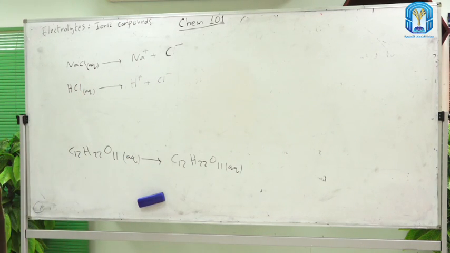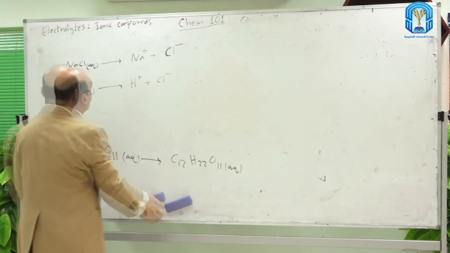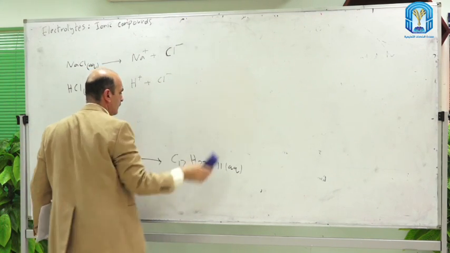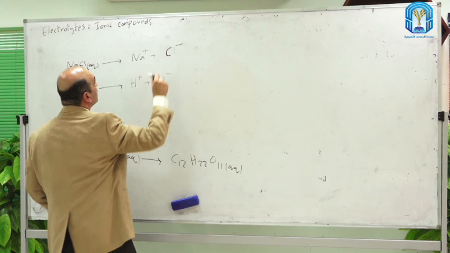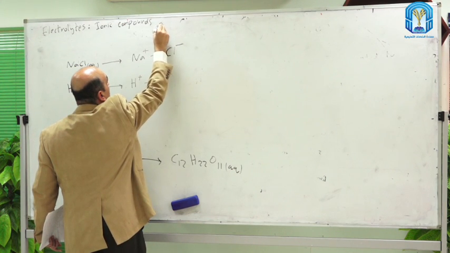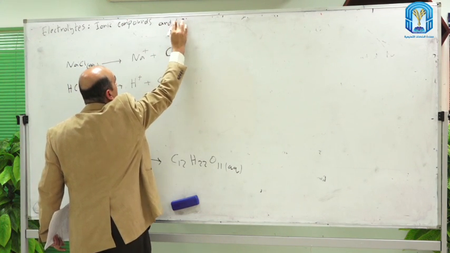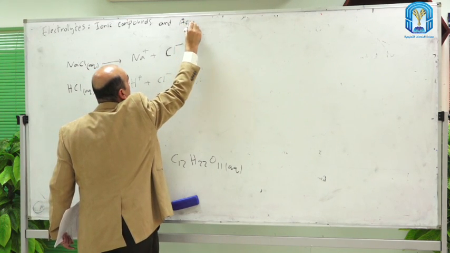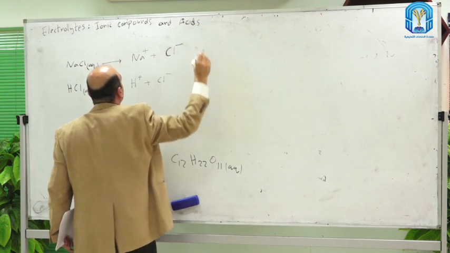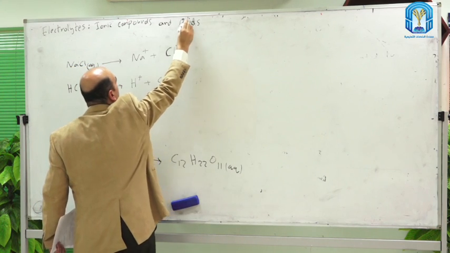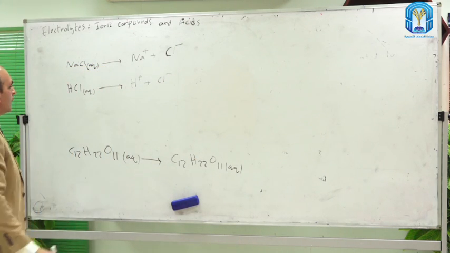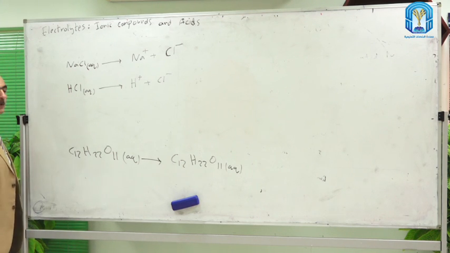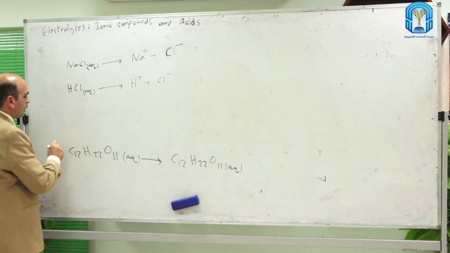So that means we have ionic compounds and acids that are electrolytes, and the solution that does not conduct electricity, we call it non-electrolyte.